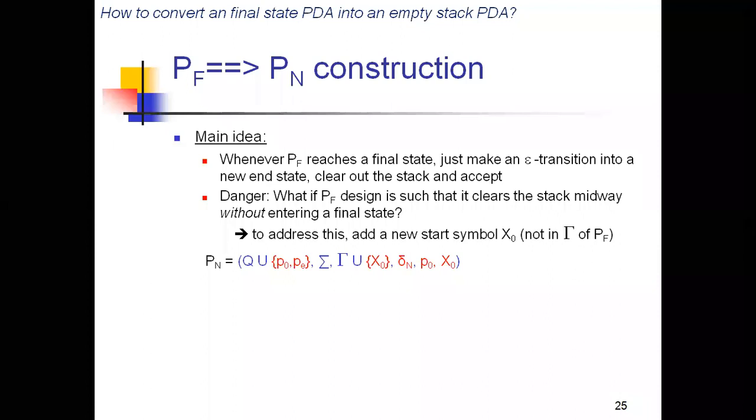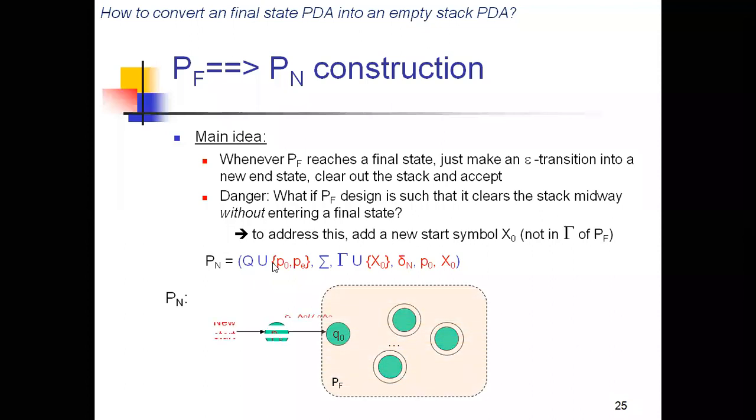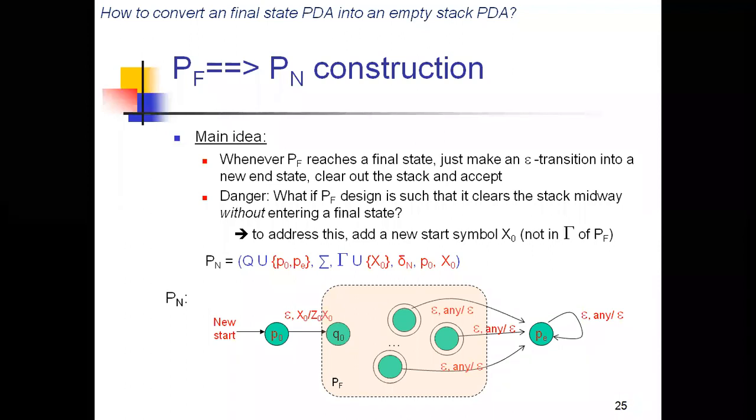So whenever we define the empty stack PDA with the tuples, Q is a union with both P naught and PE, and sigma and tau, where tau is a union with X naught, because X naught is not from the tau, but here we define it. So delta n of P naught and X naught.